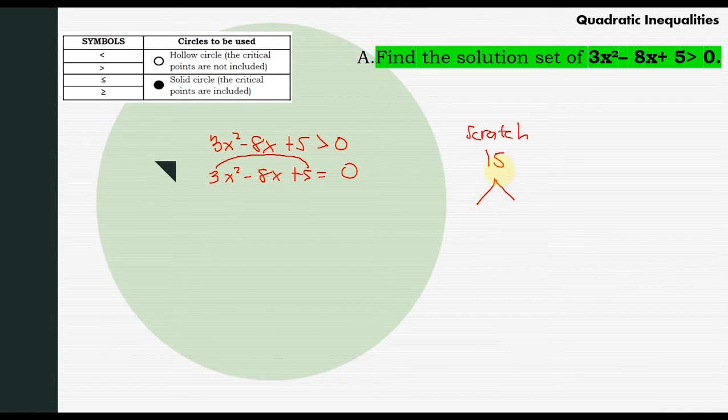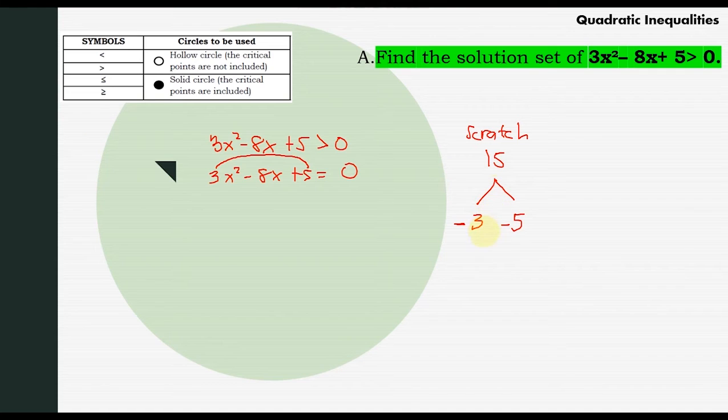In this case, if I'm going to factor 15, I can have 3 times 5. But adding 3 and 5 will not result in negative 8. But what if I add a negative sign here, and here a negative 5? So now I have negative 3 times negative 5, which is also equal to positive 15.